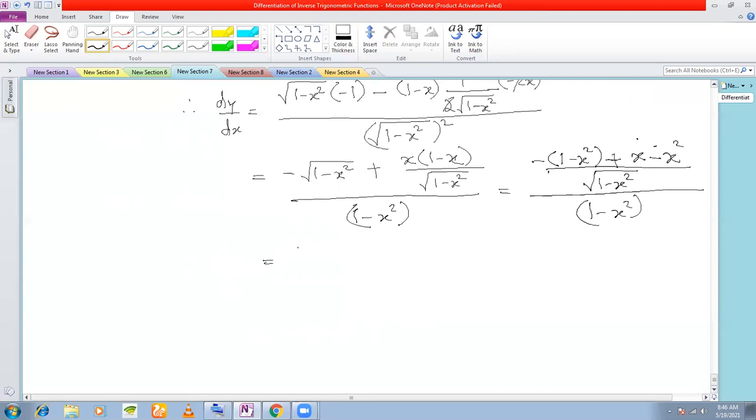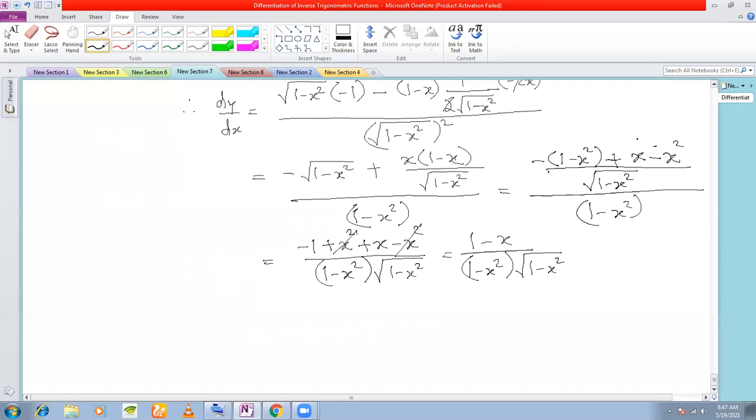So here now you're going to get minus 1 plus x squared plus x minus x squared divided by 1 minus x squared root 1 minus x squared. So now here see in the numerator x squared will cancel. So you simply get 1 minus x by 1 minus x squared root 1 minus x squared, right?